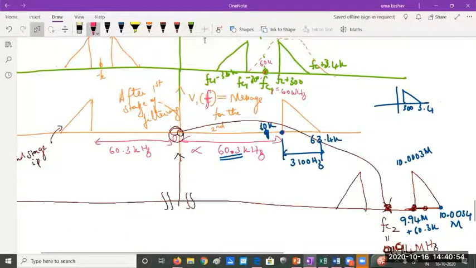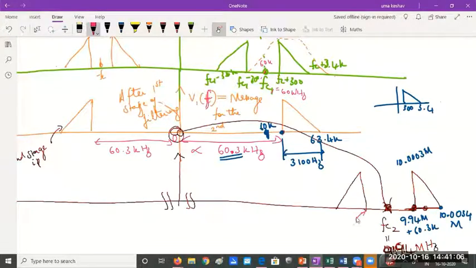on this side, if you want to calculate, this point, where would it be? This point would be at 10 meg minus 60.3K, and this point would be at 10 meg minus 63.4K.